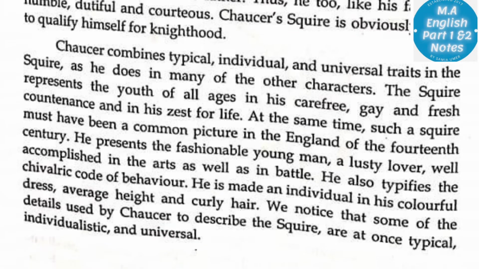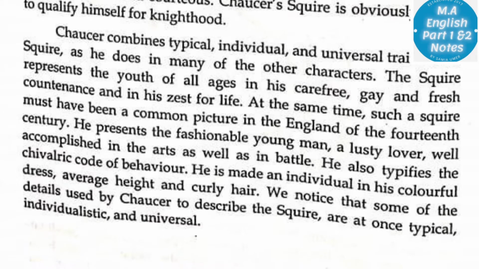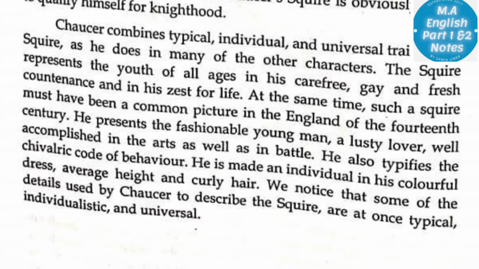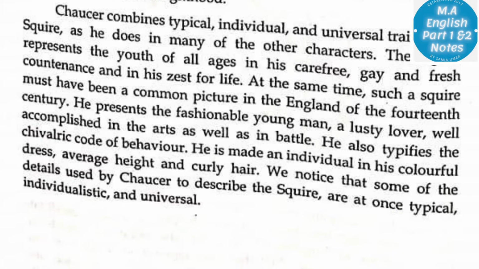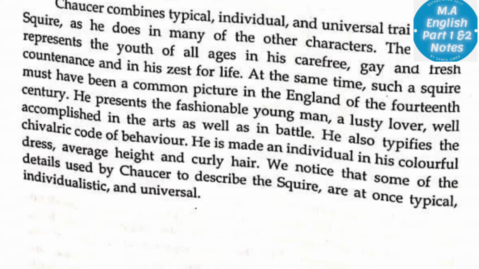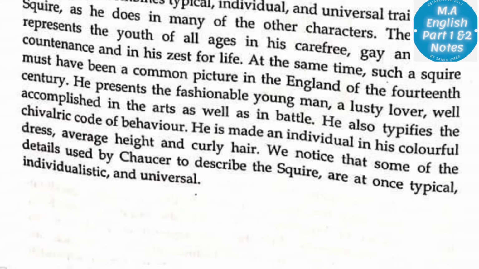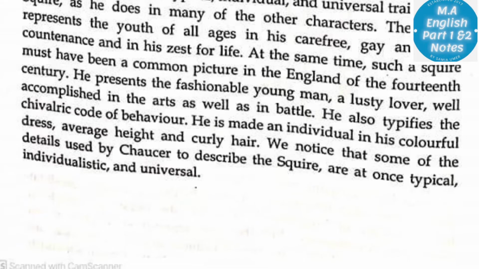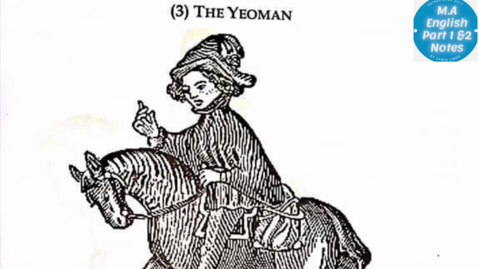He presents the fashionable young man, a lusty lover, well accomplished in the arts as well as in battle. He also typifies the chivalric code of behavior. He is made an individual in his colorful dress, average height, and curly hair. We notice that some of the details used by Chaucer to describe the squire are at once typical, individualistic, and universal. The next character sketch is of the yeoman.